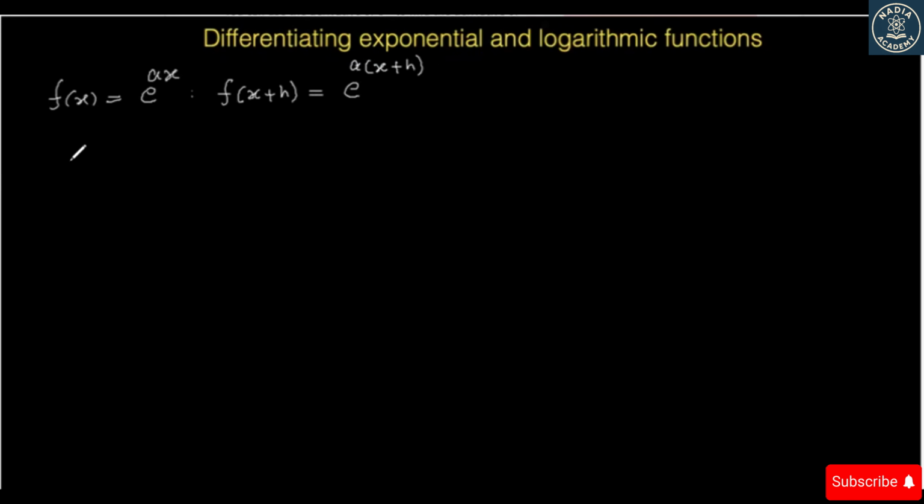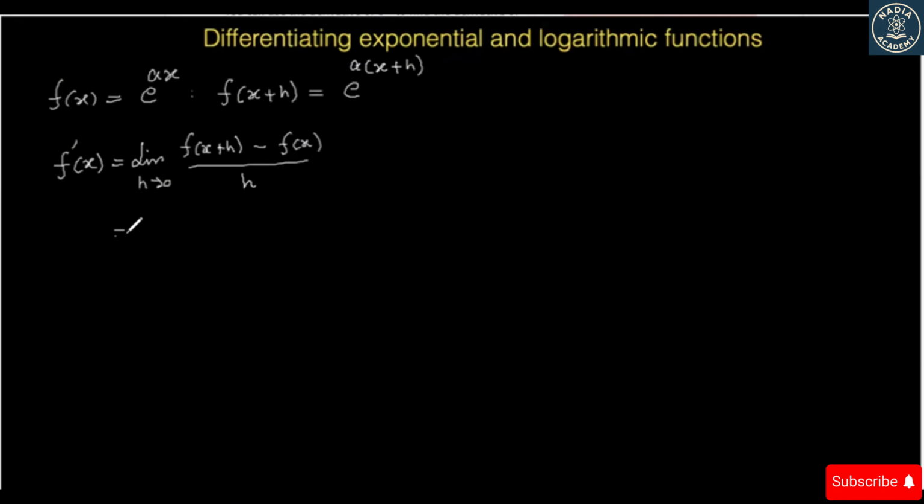Now we use the definition: the first order derivative of a function is equal to the limit as h approaches 0 of f of x plus h minus f of x, divided by h.